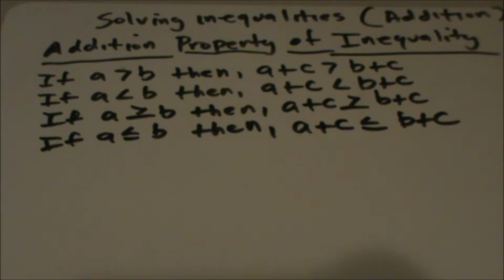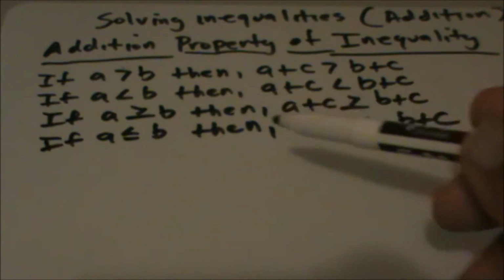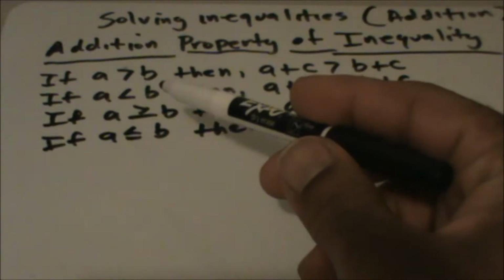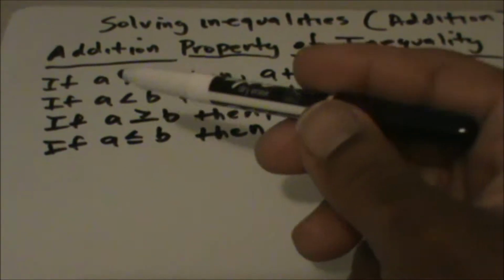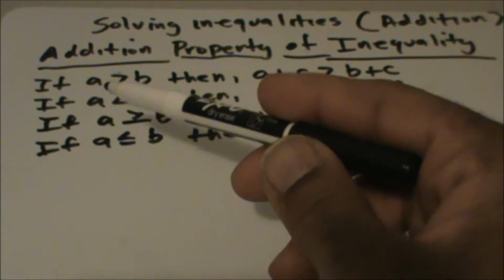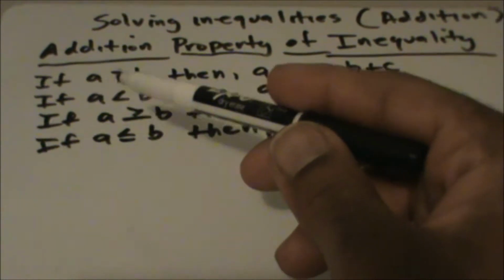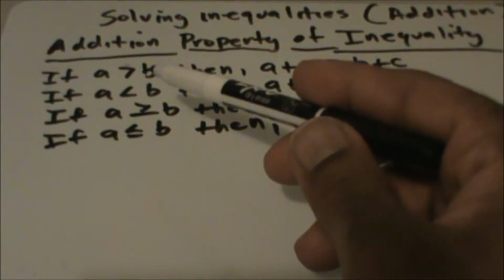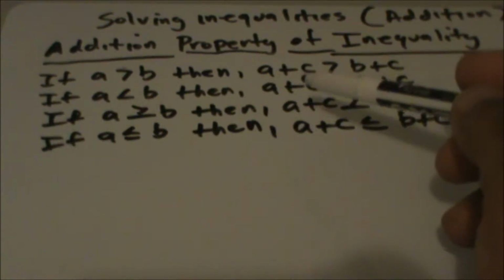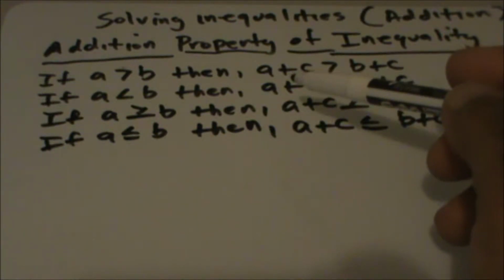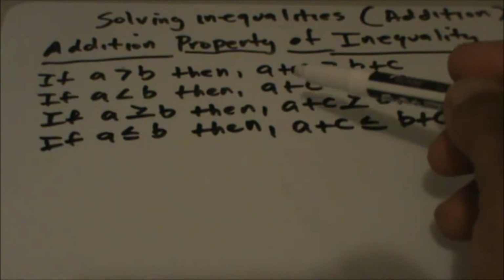Let's look at what you see before you. You see A is greater than B. A is a representation of the left side, and on the right side is your value. Then A plus whatever value, you perform addition.